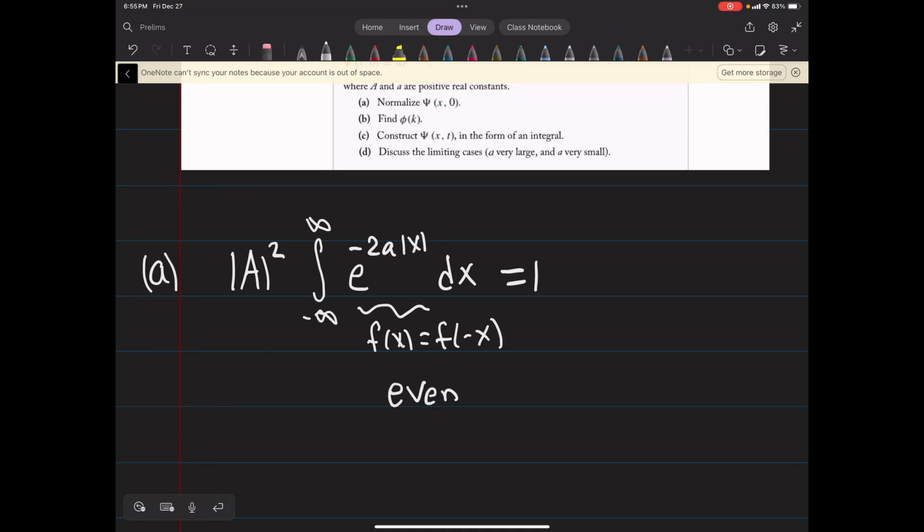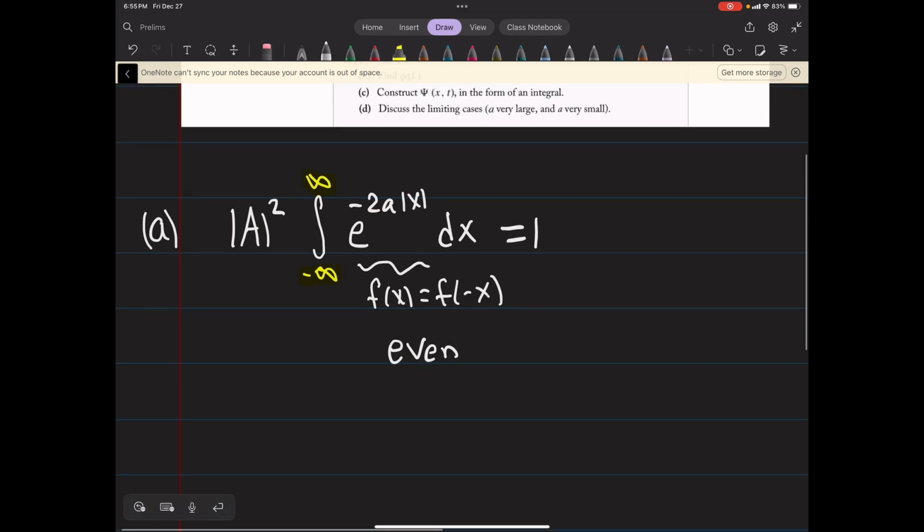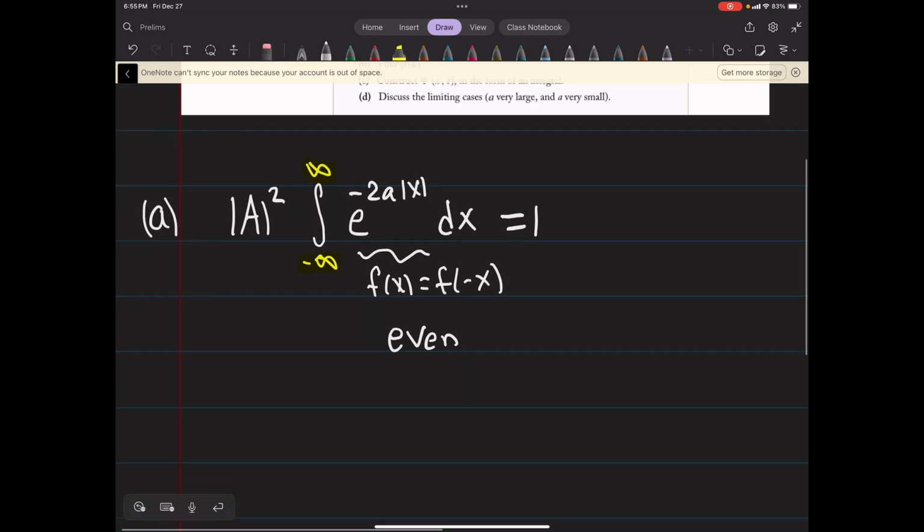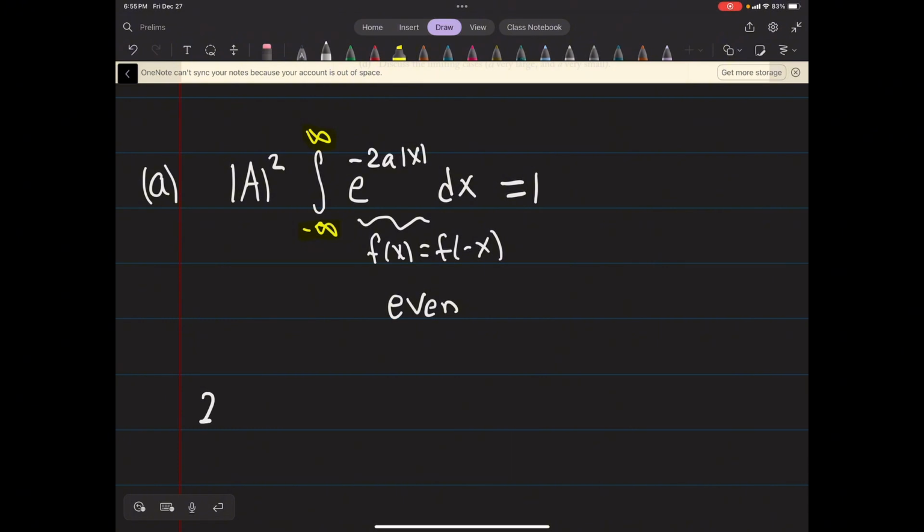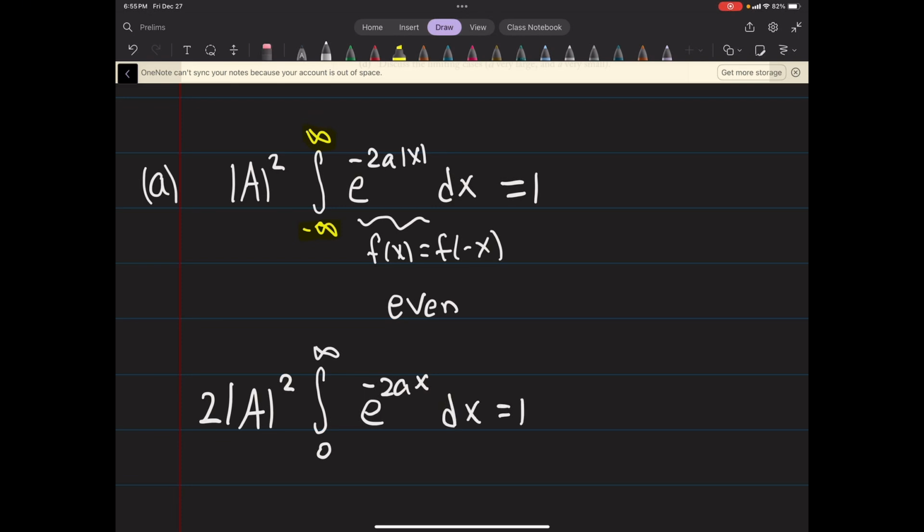And since it's on a symmetric interval, you can think of it as minus infinity to positive infinity, we can write this as 2 times that same integral, except now we're going from 0 to infinity, dx equals 1.